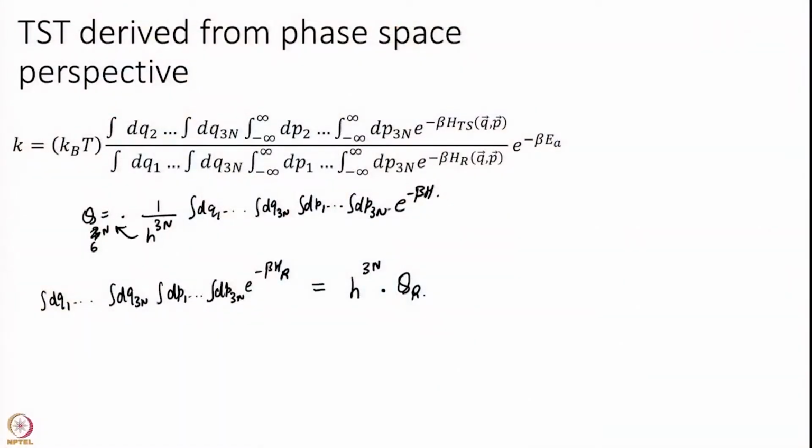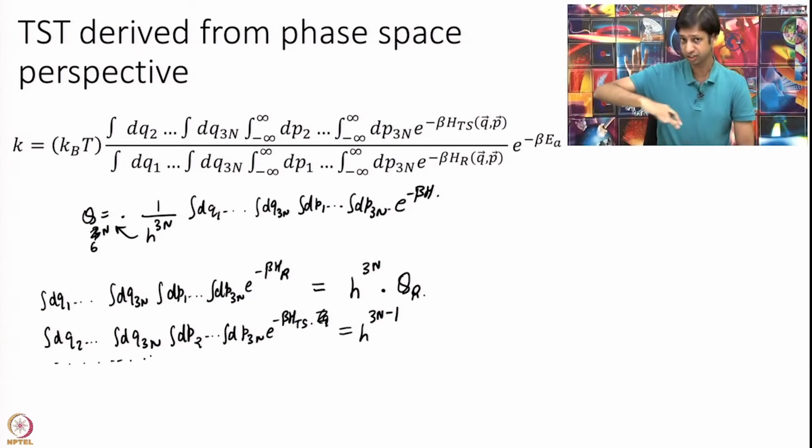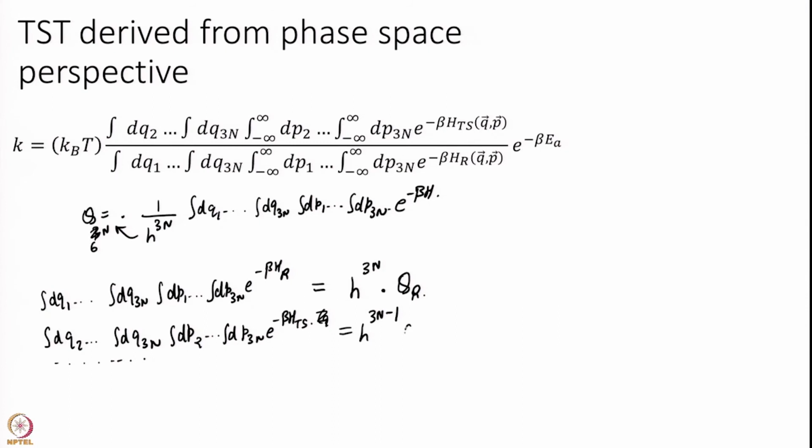I have taken here. Similarly, the numerator is h of the transition state, h into 3n minus 1. Remember, note that 1 integration is less here, I have 3n minus 1 coordinates only. So, once more transition state partition function is 1 dimension less compared to the reactants into Q of transition state.